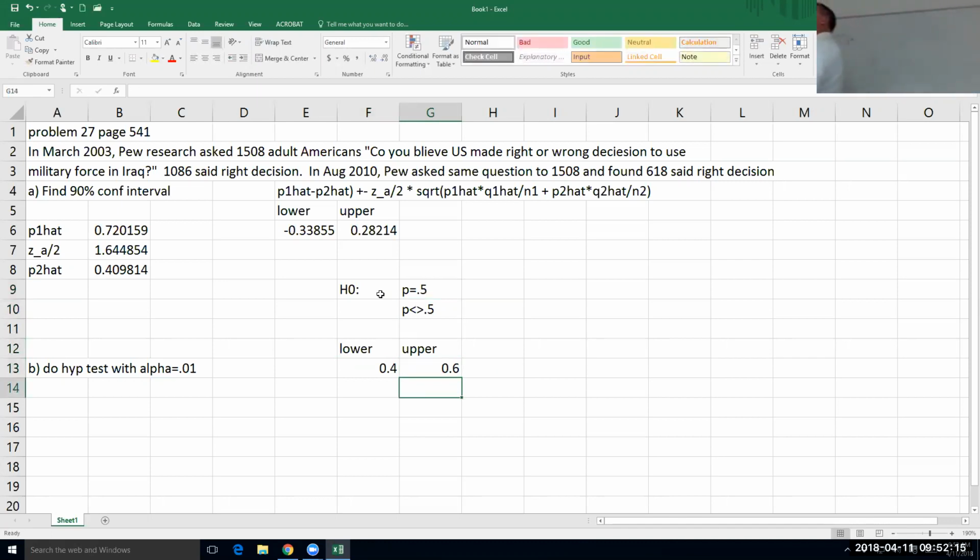I do all the calculations properly. The null hypothesis is the coin is fair. Does this interval tell you that the coin is fair? Yes, because 0.5 is in your interval. There's not a significant difference. You didn't even get to do the hypothesis test, but this is actually a really good idea. So make sure you can understand what those mean.